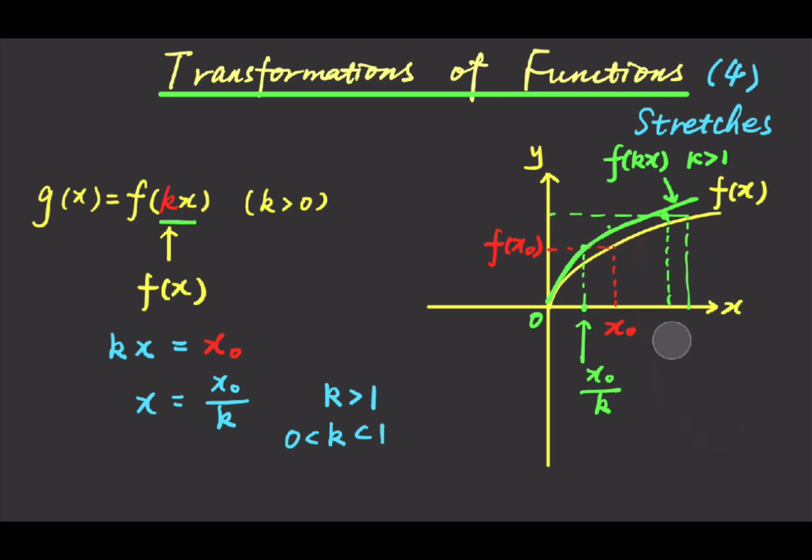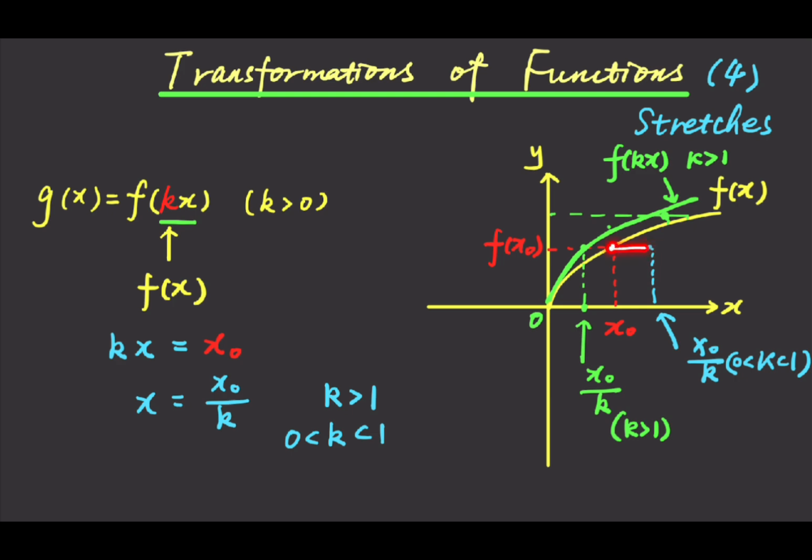Now we can figure out the corresponding image should be here, x0 over k. Here k is greater than 0 and less than 1, so 1 over k is greater than 1. Now, every point on the original graph should be changed like this point.